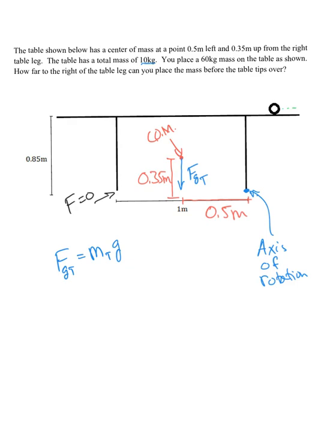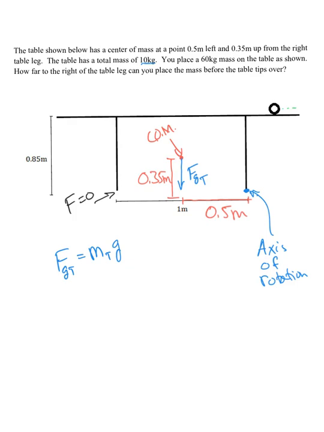It's just having a 0 force because the mass of the table acting at its center of mass is exactly counteracting, in terms of torque, the torque due to my ball. So this table leg is not going to be applying any force to the floor. The floor is not going to be applying any force to the table leg. And so this force here is going to be 0.